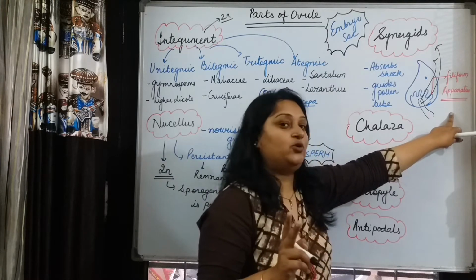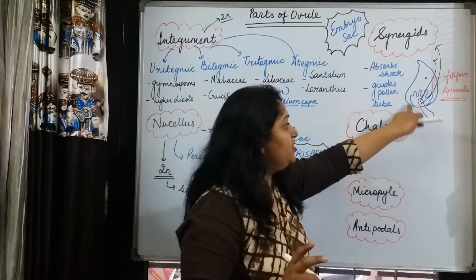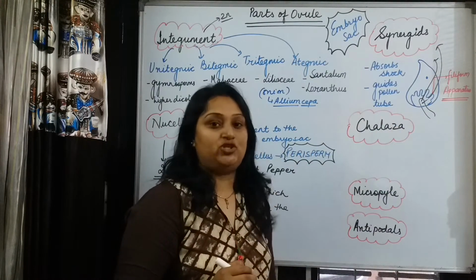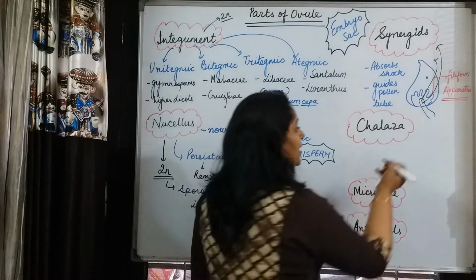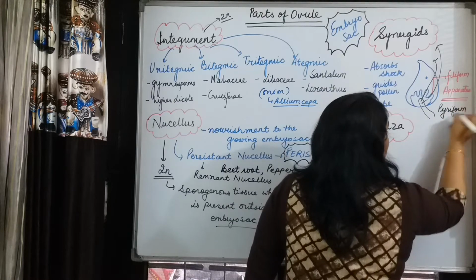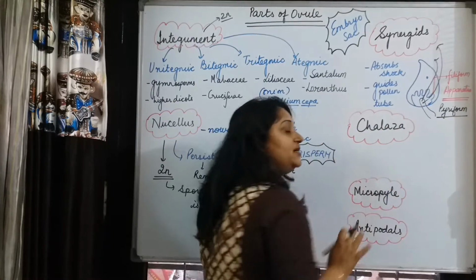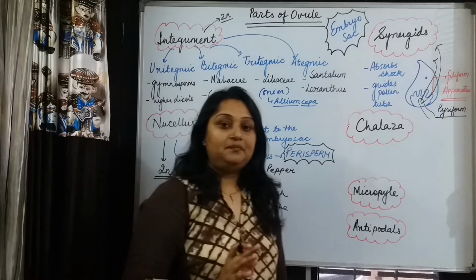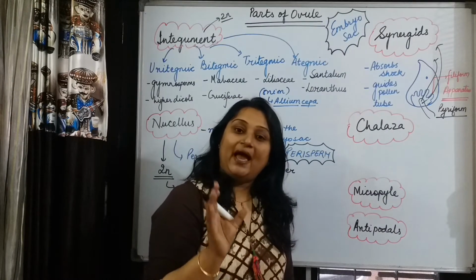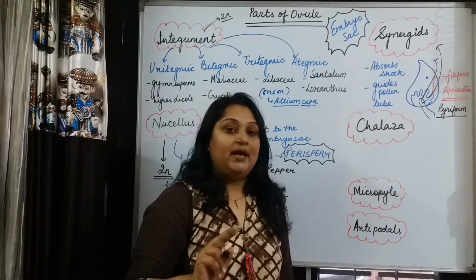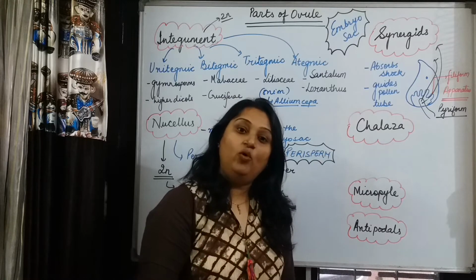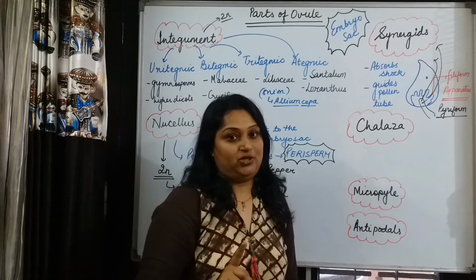One thing more I want to tell here is that this is the structure of a synergid. You can observe here that it is pear shaped. The pear shape is called pyriform. That means the synergid is pyriform. One more thing, the embryo sac has two synergids and the entry of the pollen tube occurs through only one of the synergids.